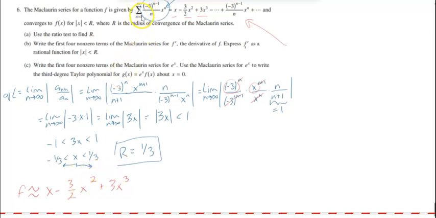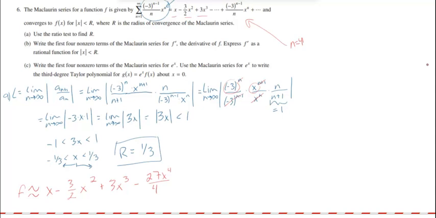You do want to make sure that we started at n equals 1 and not n equals 0. So that means I need to plug n equals 4 into this. If you plug n equals 4 into that, we wind up getting minus 27 x to the fourth over 4. Hopefully you're okay with getting there.